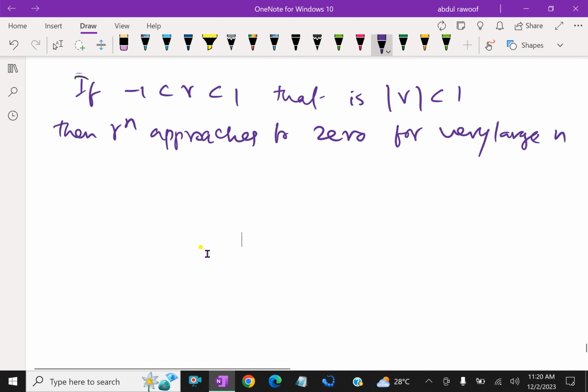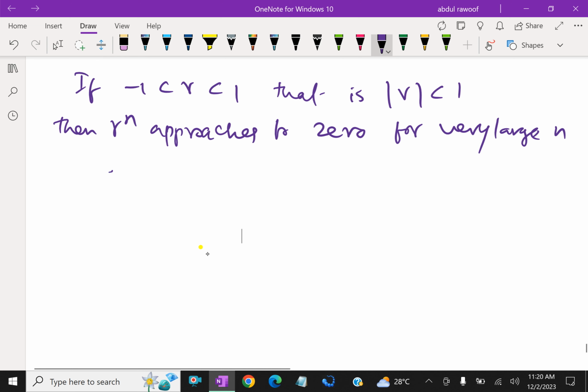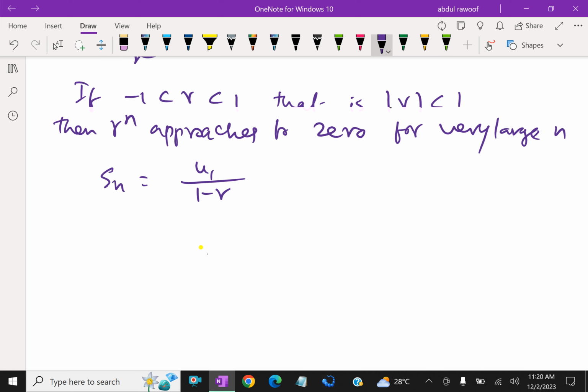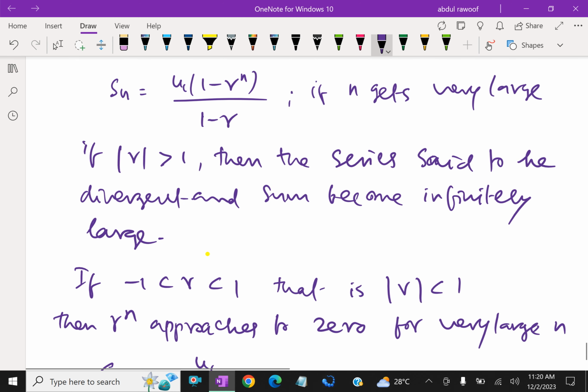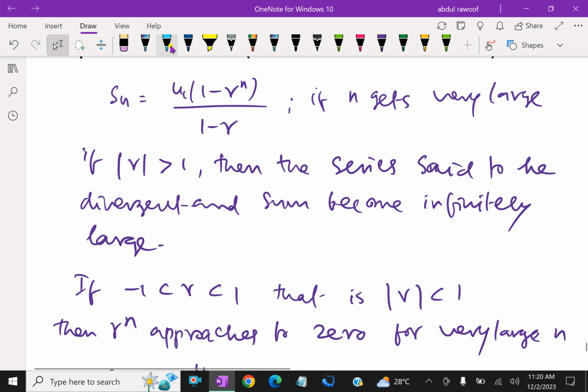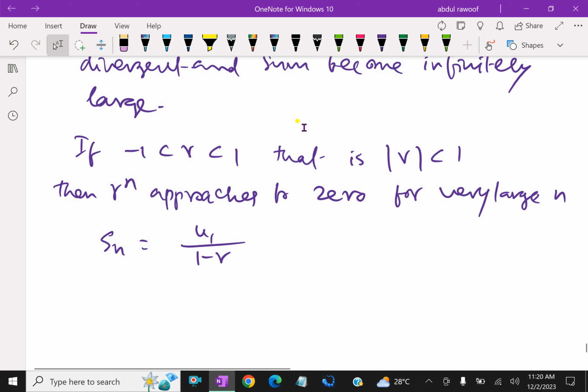Therefore Sn, the sum of the series, gets closer to u1 over 1 minus r, because r to the power n approaches 0, so we have u1 into (1 minus 0), that is u1 over 1 minus r.